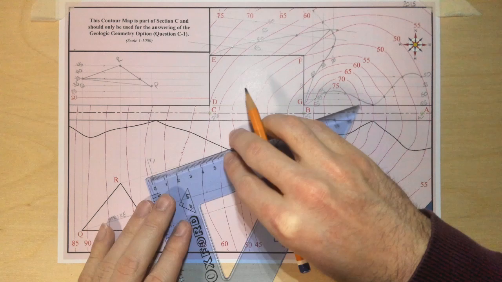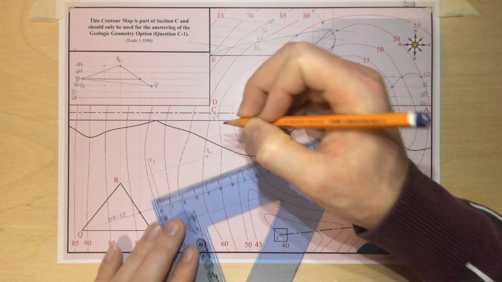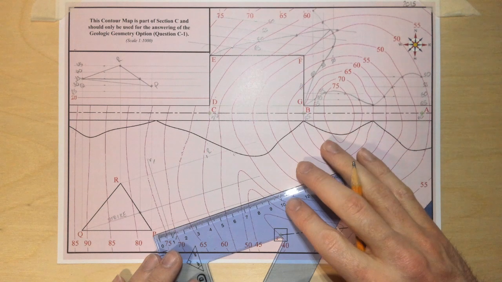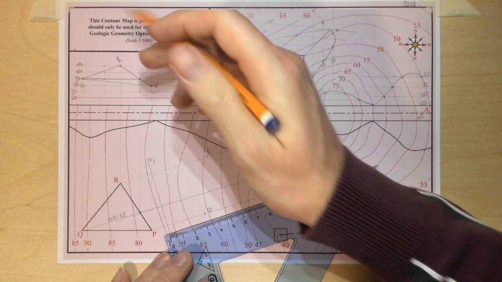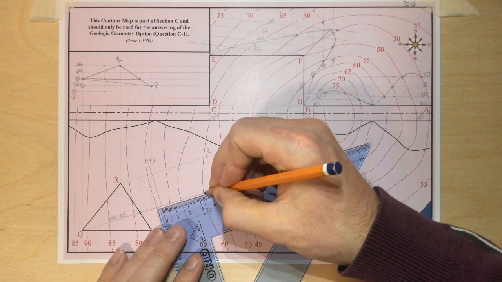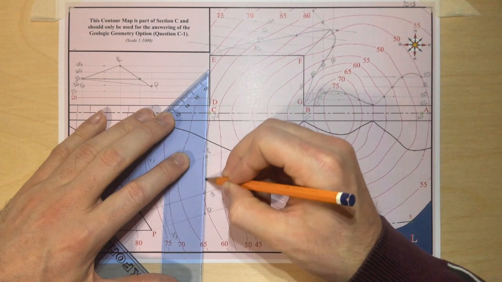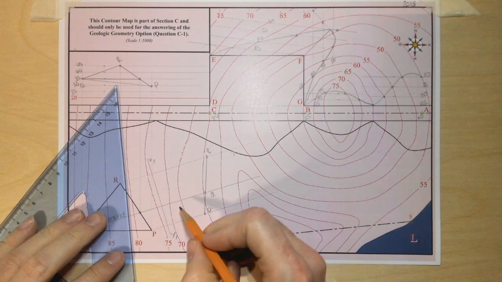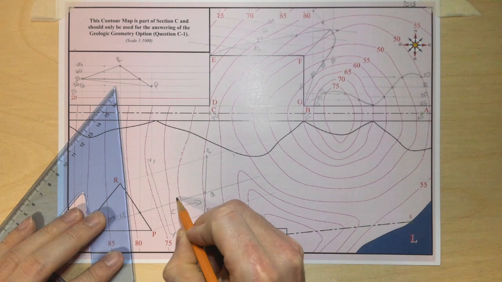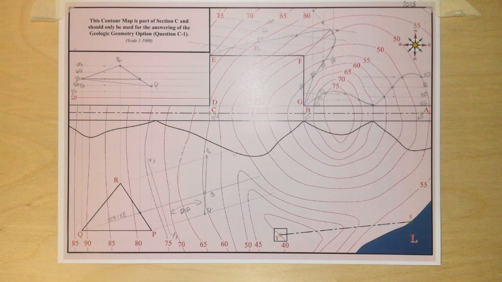R is 45. P is 30. And Q is 35. And if you draw the angle, should give you a straight line because you're looking at an edge view. That angle there, now if you extend it the whole way down, that angle between the two is called your dip. Dip angle there. And that's question part B finished.